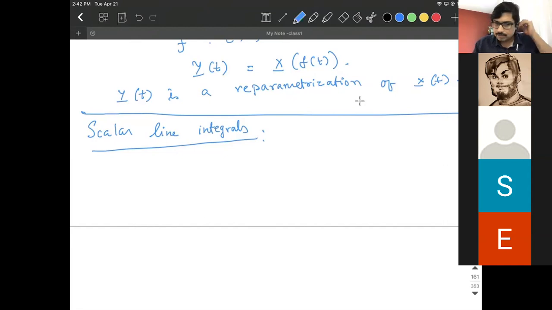So think about physically what a scalar line integral gives. It gives you the mass of a body or the mass of something, right? So if you reparametrize this path x(t) to another path y(t), do you think that the mass of a body or this sort of physical entities really varies with the reparametrization?